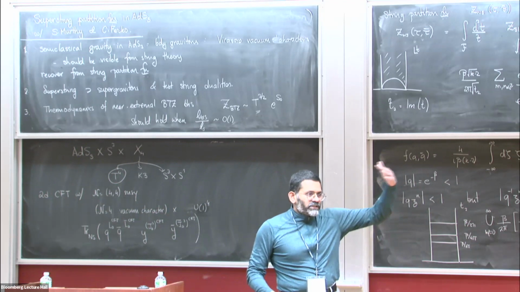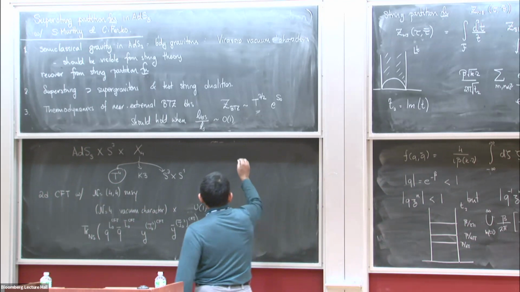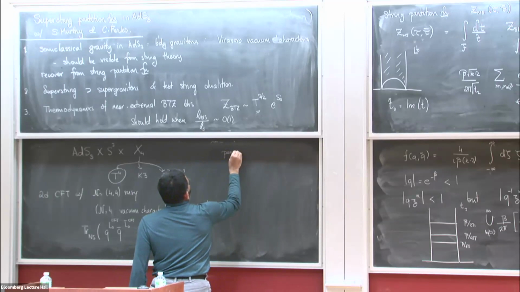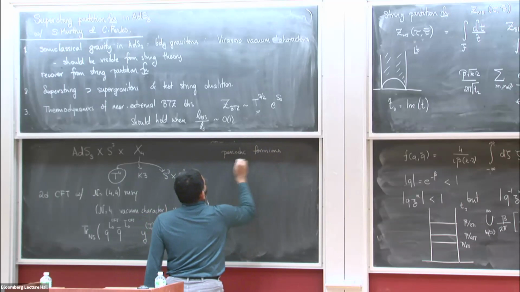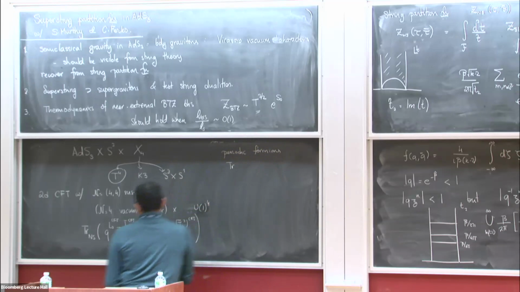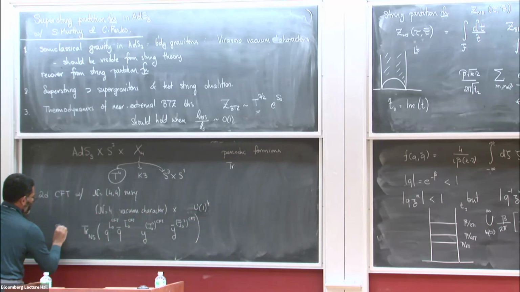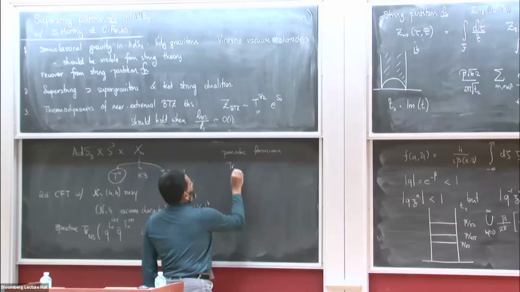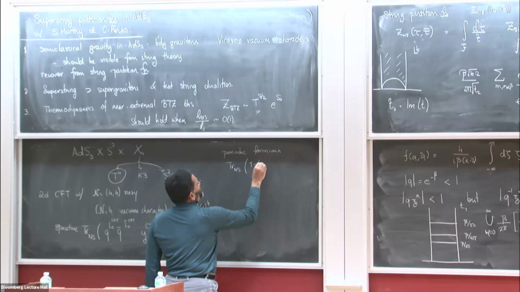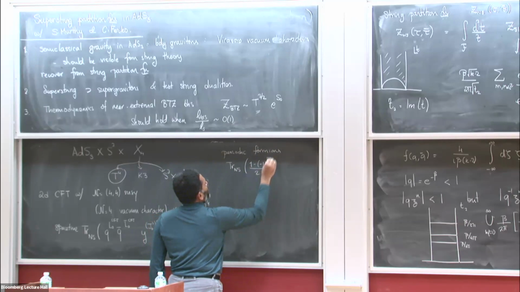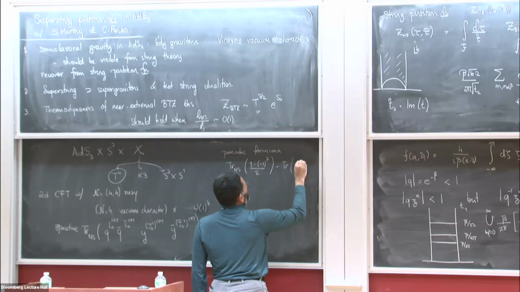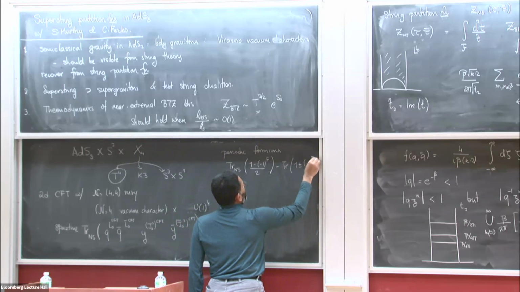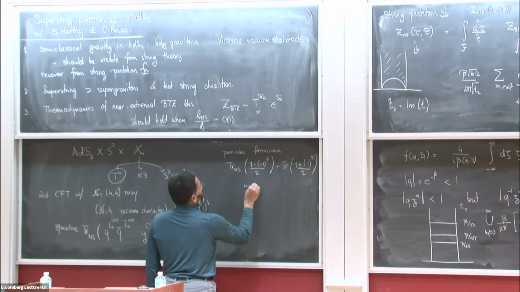So if you're doing the partition function with periodic fermions, you compute the usual. So this is the space-time CFT. This trace is the space-time. And this is the worldsheet spin structure sum for type 2A and 2B.